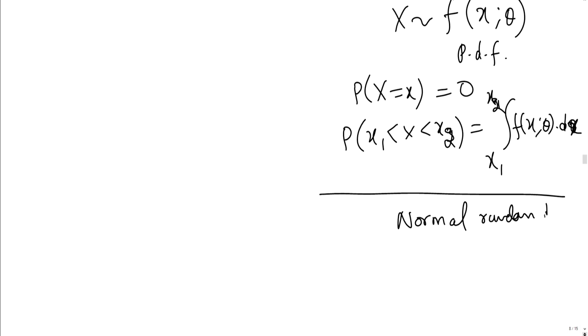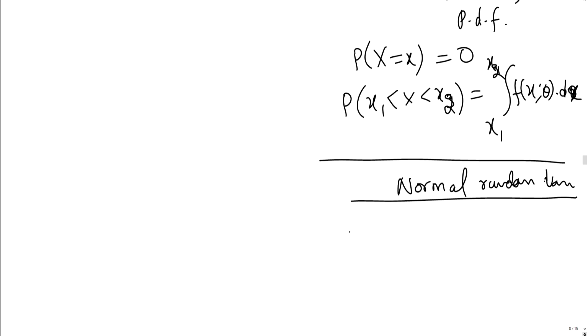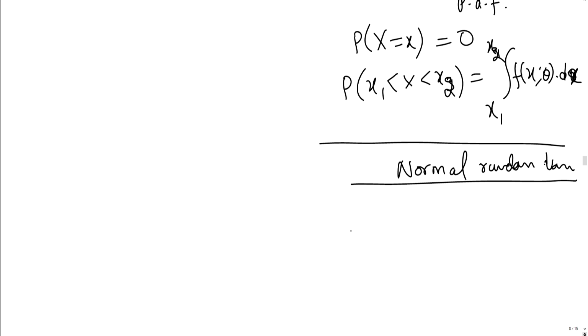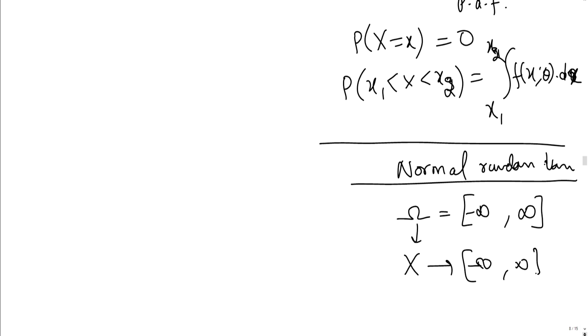Have you heard about normal distribution? Yes, this is a case of a continuous random variable. Let us say you have a continuous sample space omega that can take any continuous value between minus infinity and plus infinity, and you define a random variable x that takes values between minus infinity and plus infinity.